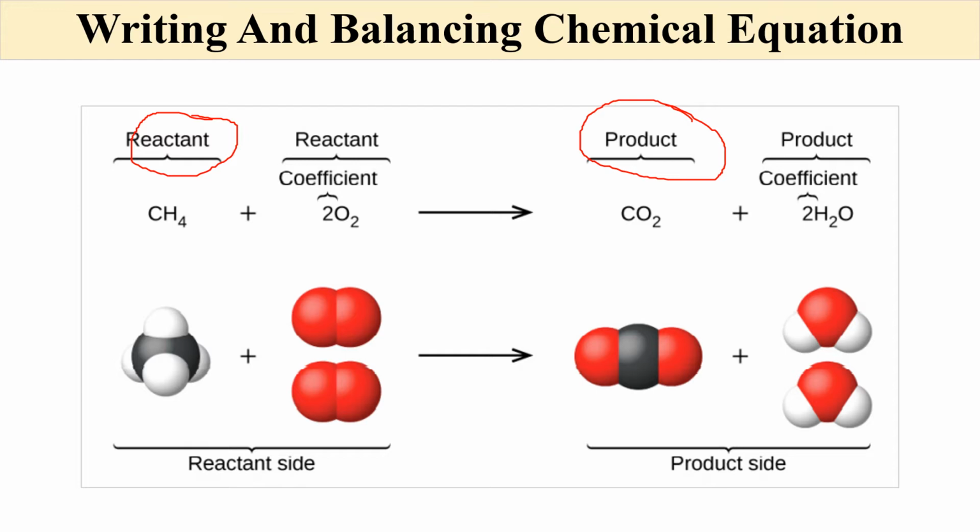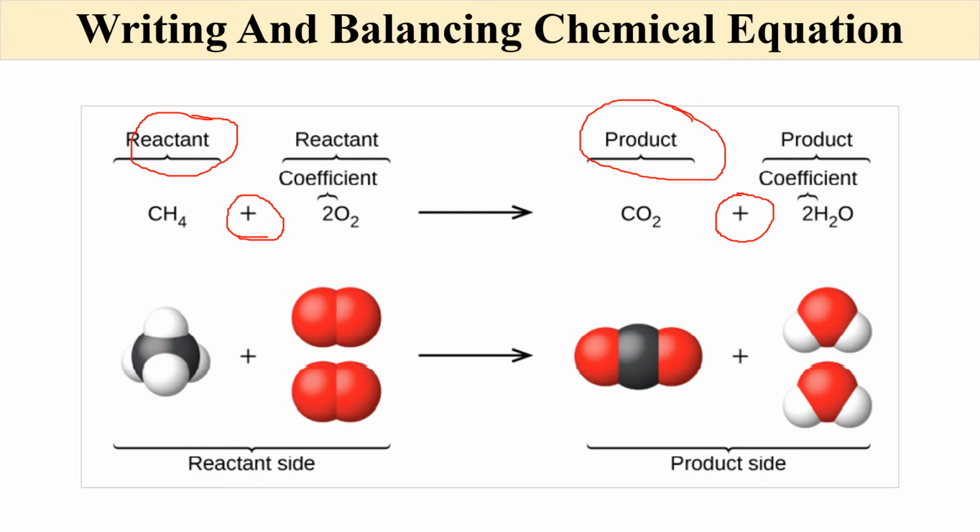The plus sign here and here separates the products and reactants. How many reactants are reacting to form two products? Methane and oxygen in this chemical equation are reacting to form two products, which are carbon dioxide and water.